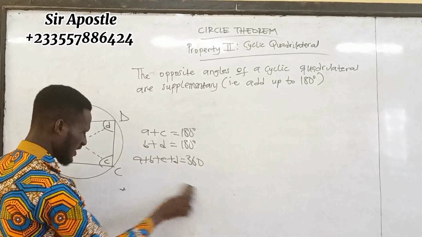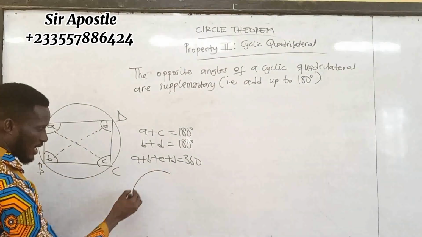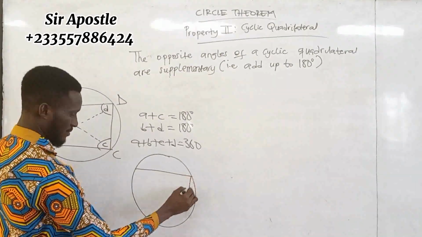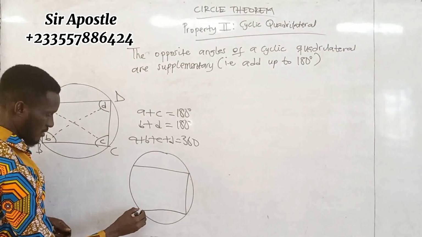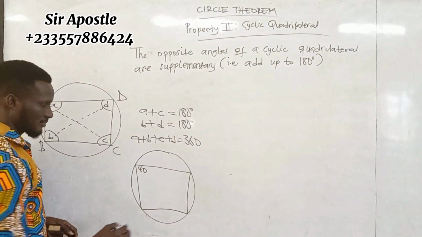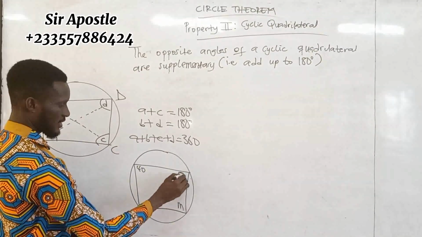Now, you can make some simple questions like you can have a circle like this where this angle is 40 degrees. Here is M. Here is 50 degrees.